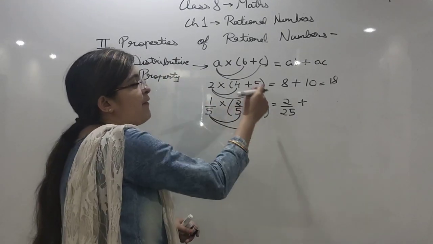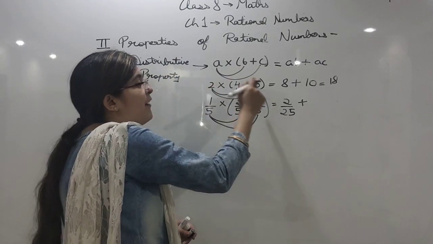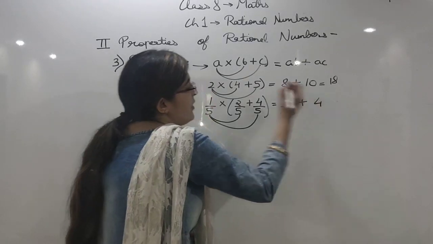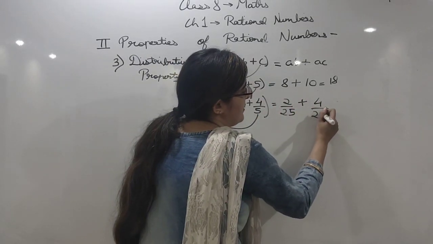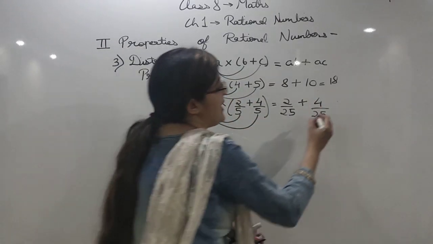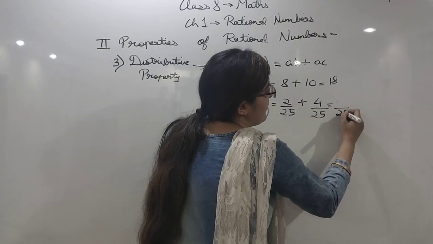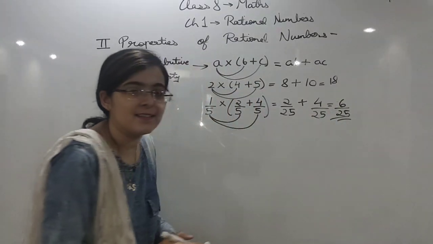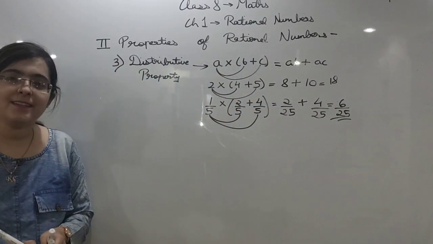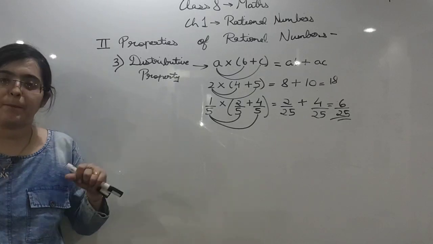Now 1 by 5 into 4 by 5 is 1 into 4, 4, 5 into 5, 25. Now your LCM will be 25 and 2 plus 4, 6. This is your answer. Clear? This is your distributive property.